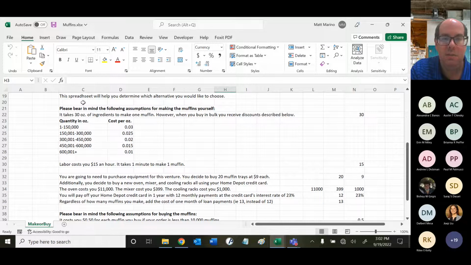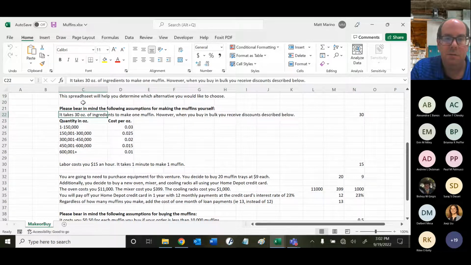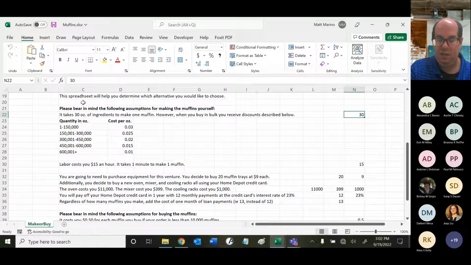The spreadsheet helps you determine that. So we have the assumptions below. This is set up so on the homework, you can just change the number based on what the homework says. I think the homework is brownies, and a lot of these might be a little smaller.